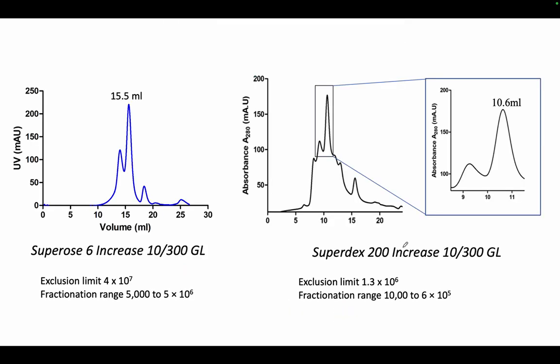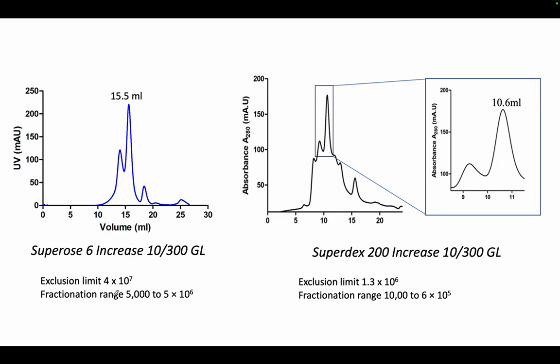And just an example of what happens when you run the same protein in two different columns. This is actually my data. This is the same protein, but here I've run it in a column called Superose 6 Increase.